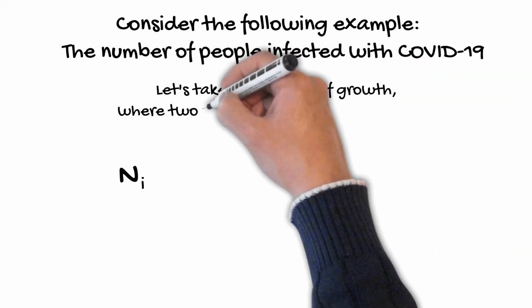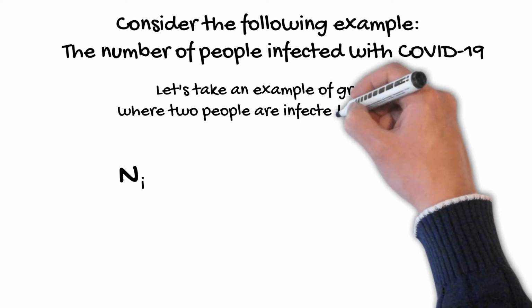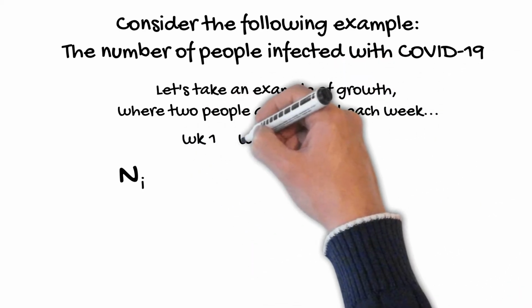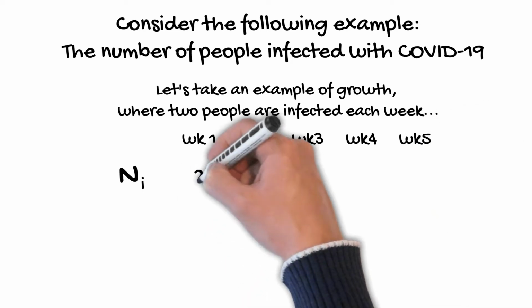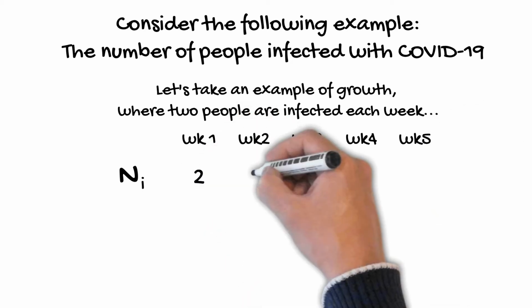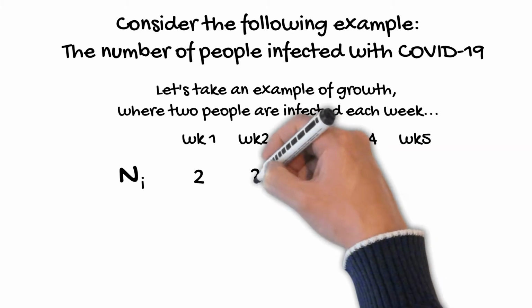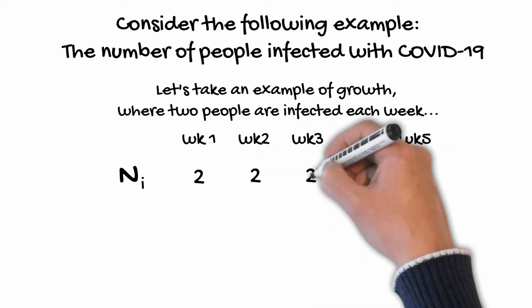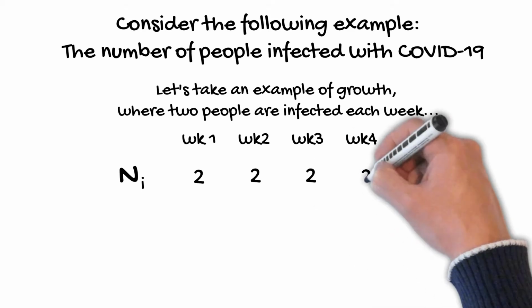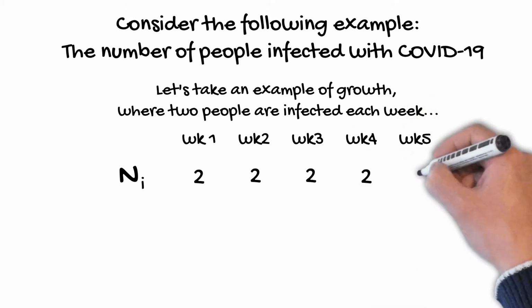So then at the end of the first week, 2 people are infected. At the end of the second week, 2 people are infected. At the end of the third week, 2 people are infected. At the end of the fourth week, 2 people are infected. At the end of the fifth week, 2 people are infected.